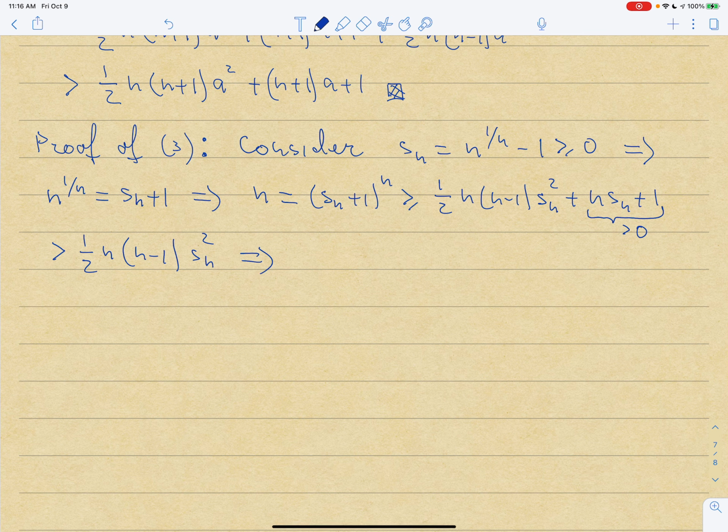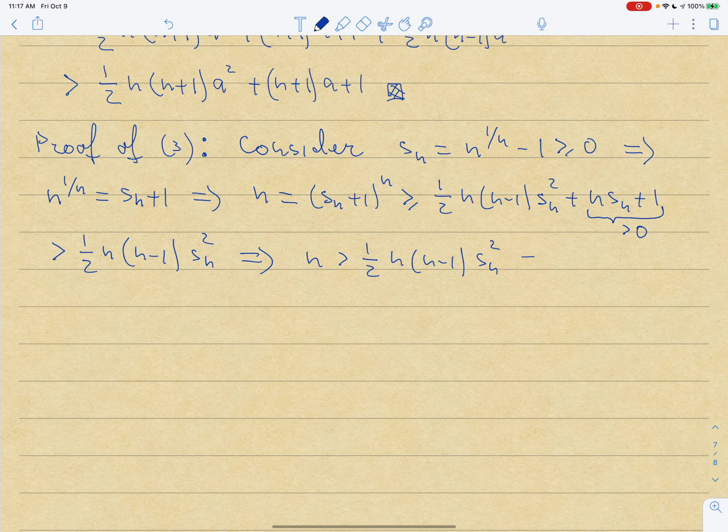So ignoring then the middle parts of this chain of inequalities, what I get is that n must be greater than 1/2 n minus 1 times Sn squared.